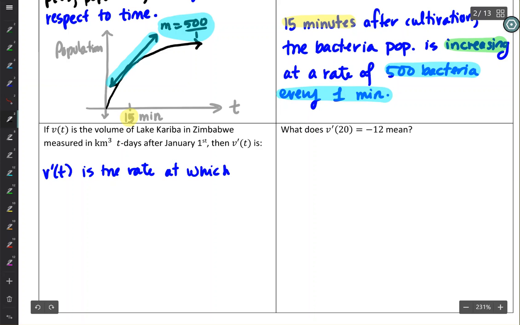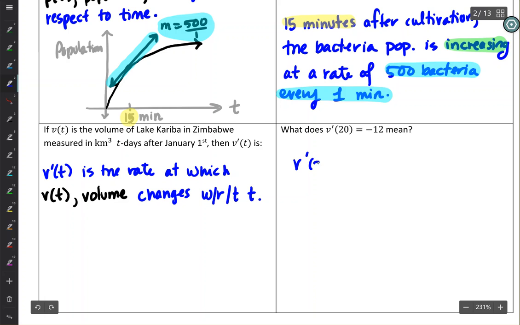V, which in this case is the volume of this lake, changes over time. I'm going to write with respect to time.